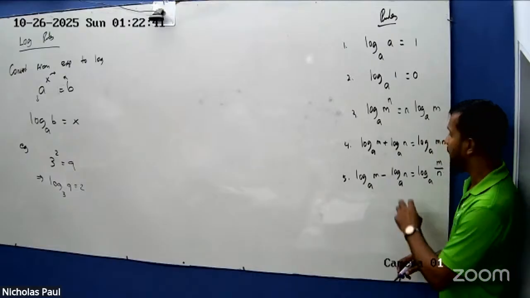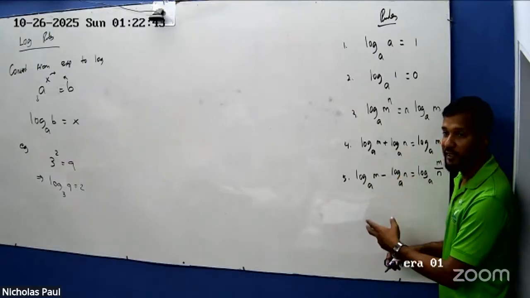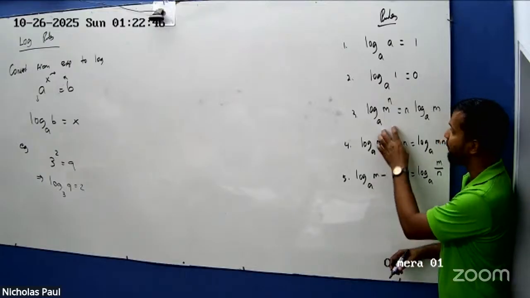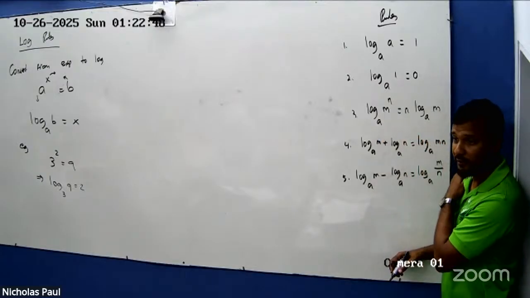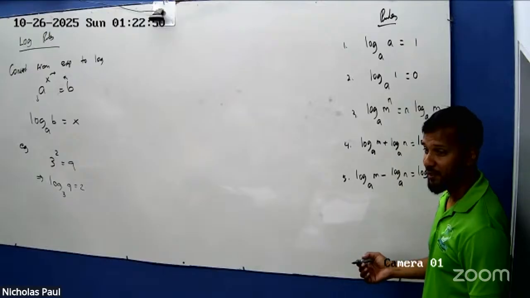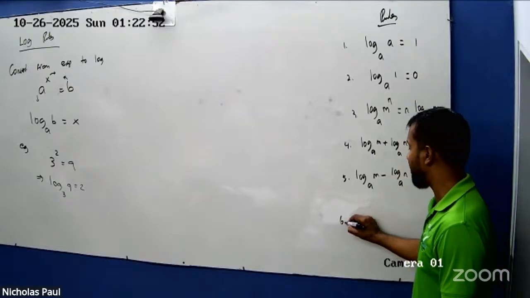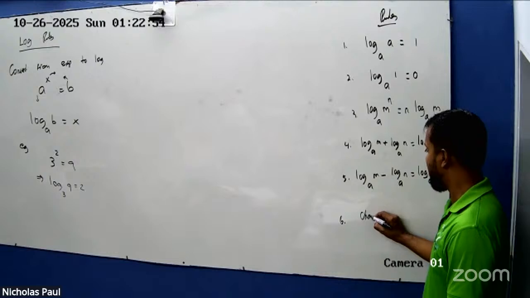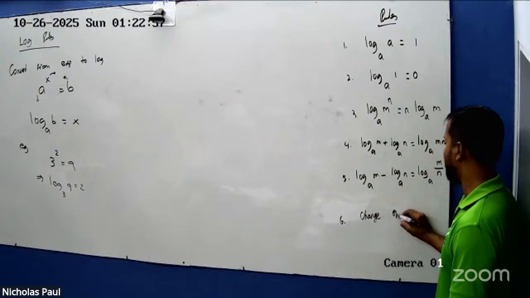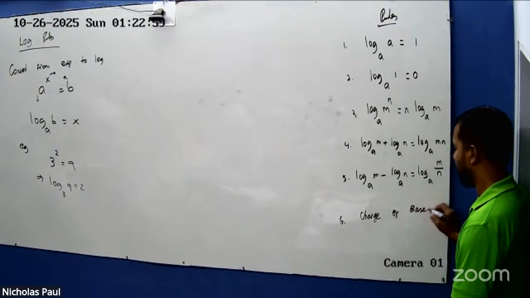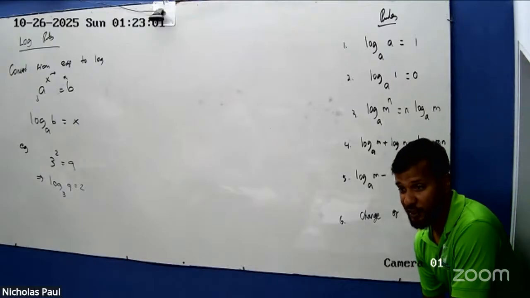If you remember, the only way that we could use these rules is if we have them to the same base. What happens if it's not to the same base? We have to do a change of base. There's a way to change base.